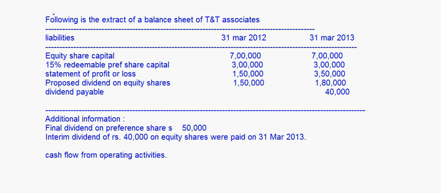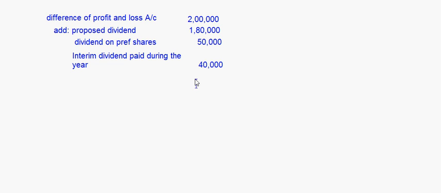This dividend payable, as I told you, is not something which is a part of this operating activity, so we will not take this. So now what is the total of this? 2 lakh plus 1,80,000, 3,80,000. 3,80,000 plus 50,000 is 4,30,000 and 4,70,000, right?